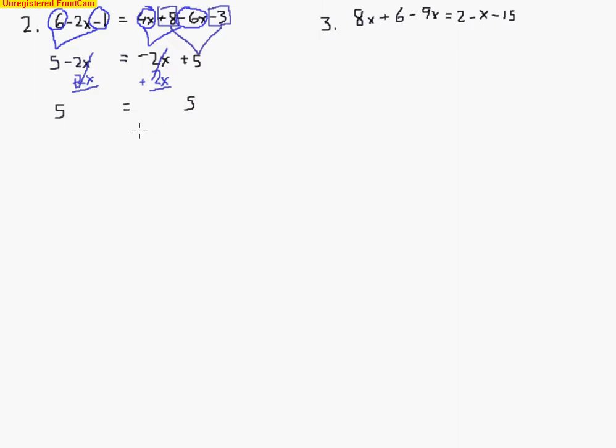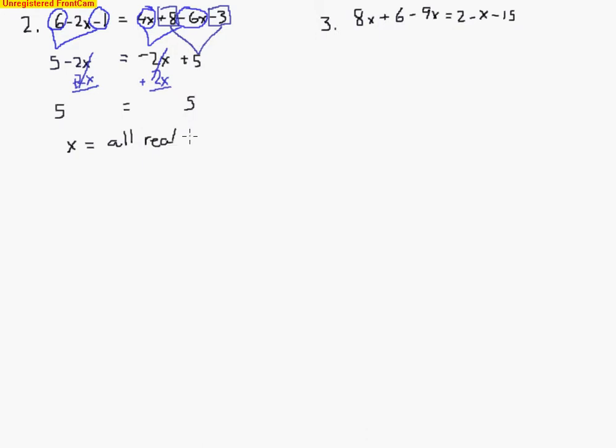So what do we do? Well, when the two numbers agree, like they do, where 5 equals 5, then we say x could be any number. And to specify that a little bit further, we say that the values of x can equal all real numbers.